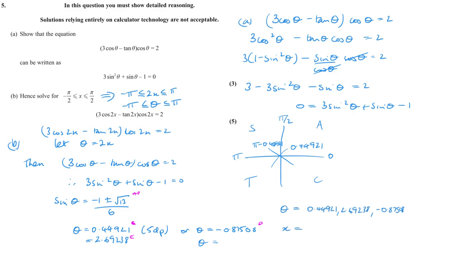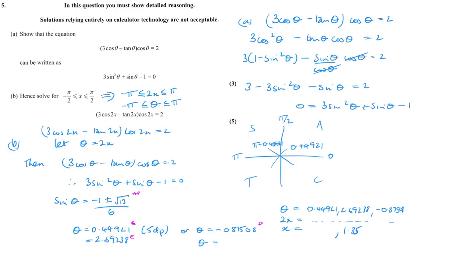Let's just move that over a little bit. And then 2x equals all the same values, so x is half of them. So half of the 2.69238 is 1.35 to 2 decimal places. I'll do all these to 2 decimal places.